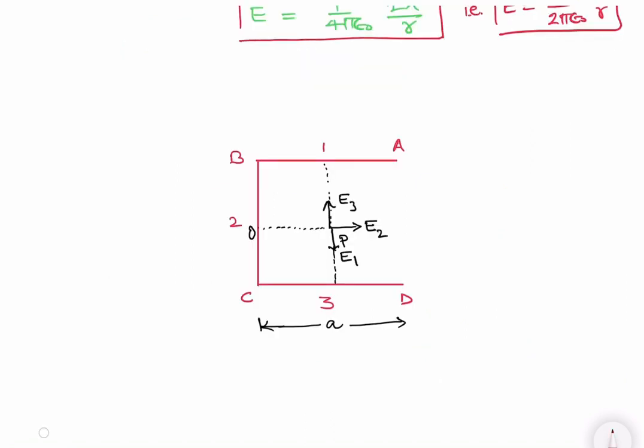So in this problem we have to calculate the resultant intensity at P due to the three sides of a square, each of length small a.